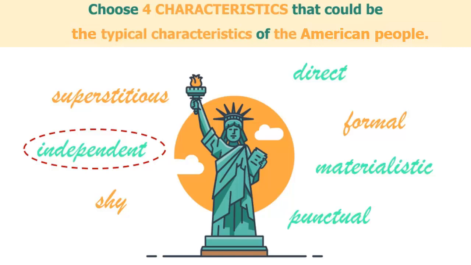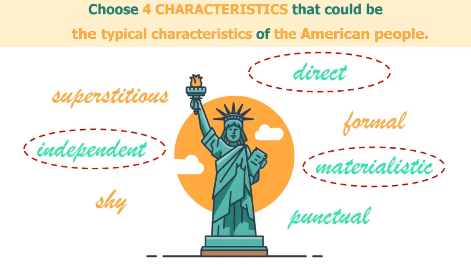Another word is direct, which is very honest in saying what you mean. Thẳng thắn is the Vietnamese meaning. The next one, materialistic, which is caring more about money and possessions than anything else. What is the Vietnamese meaning? Its meaning is thiên về vật chất.